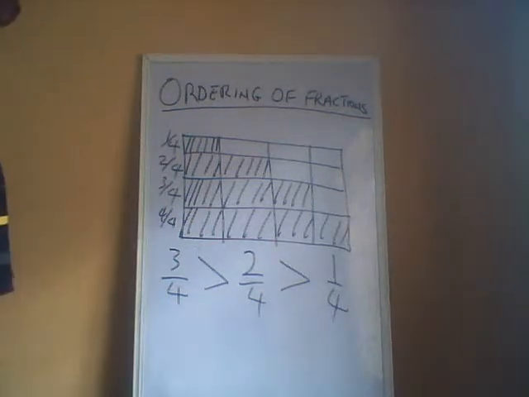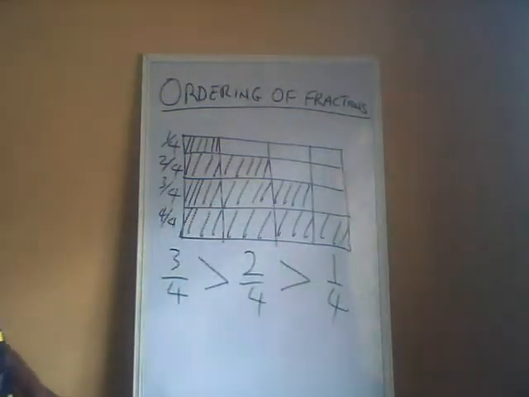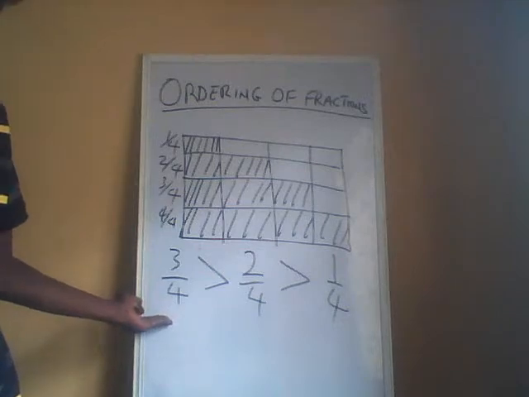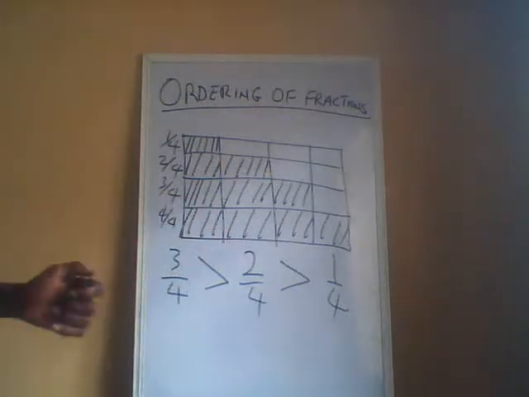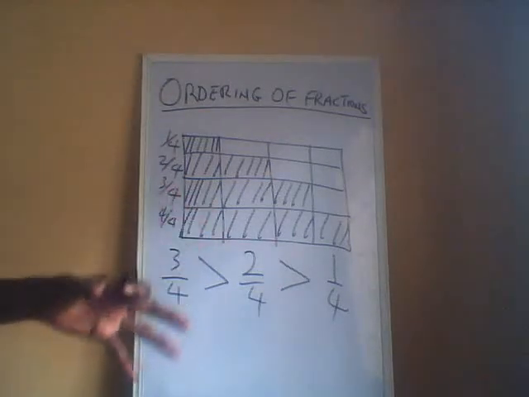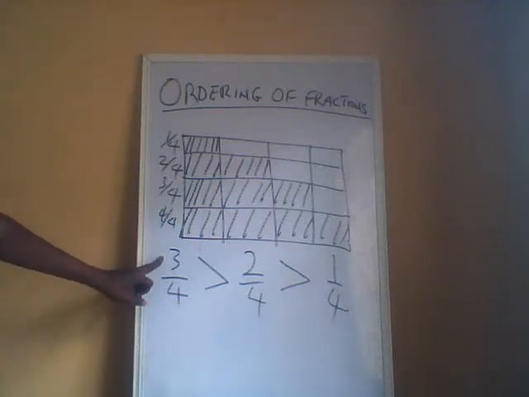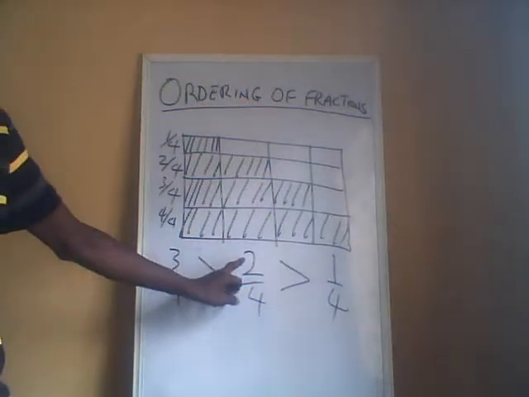Now in the previous video I told you that when they have the same numerator, the fraction with the smallest denominator is the biggest fraction. I used the scenario of a pizza. But let's take for instance a test. Somebody got 3 out of 4 and someone got 2 out of 4.